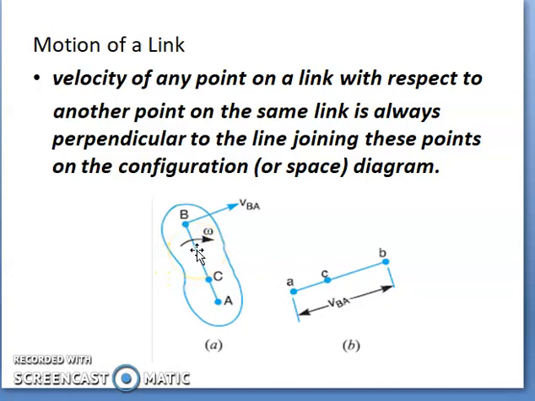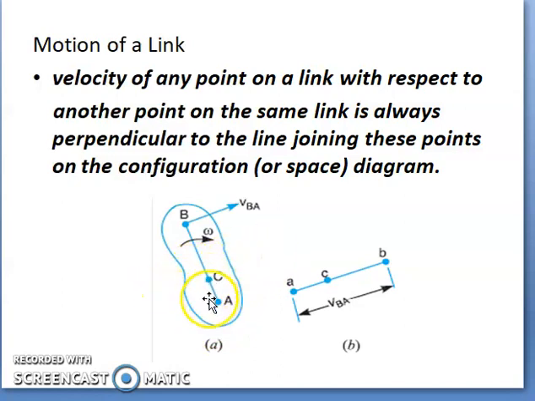Then you can very well say that the velocity of point B with respect to A will be tangential to the link, because the point B is rotating with respect to A. Similarly, if you consider any intermediate point C, then the velocity of C with respect to A will also be tangential to the circle.